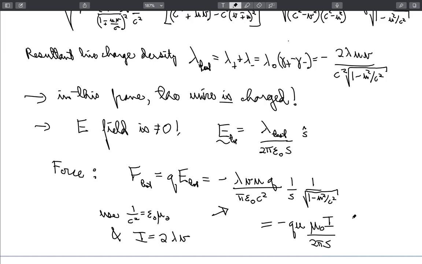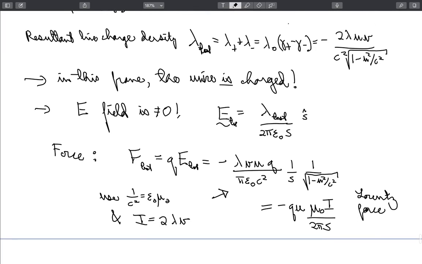Okay, and that you should really recognize as QV cross B, right? Where B is generated by a line wire. So this is like the Lorentz force for charge Q moving around the wire carrying current I, like we've seen in electrostatics.